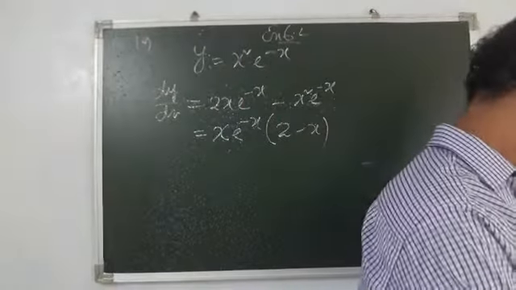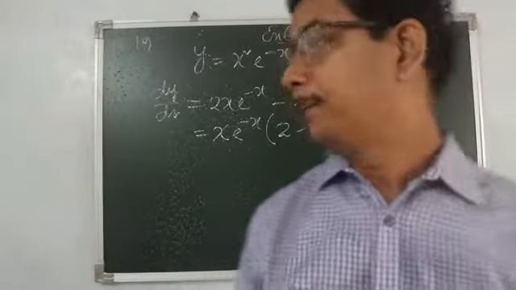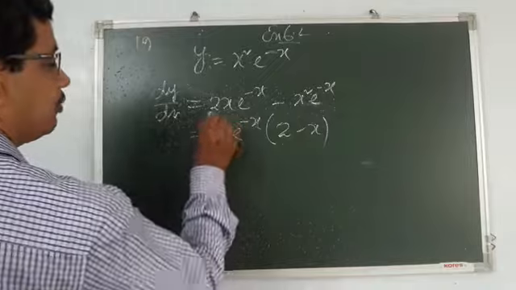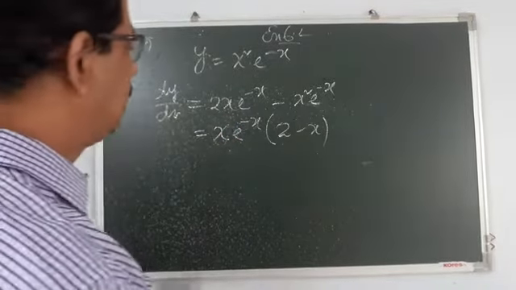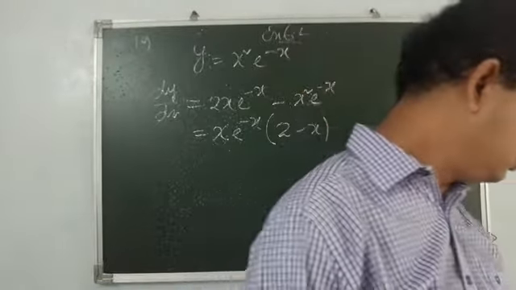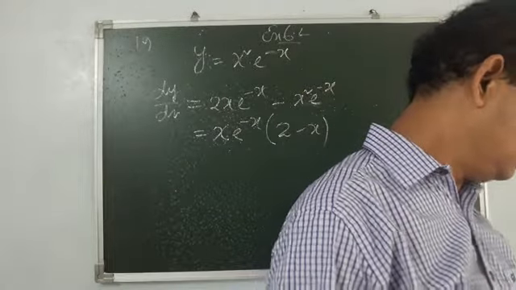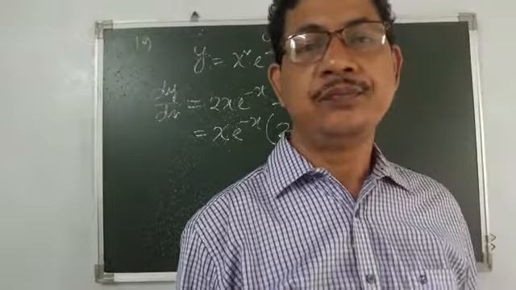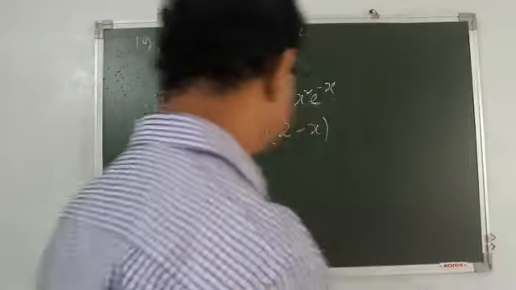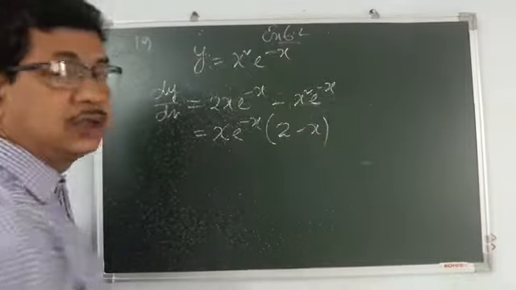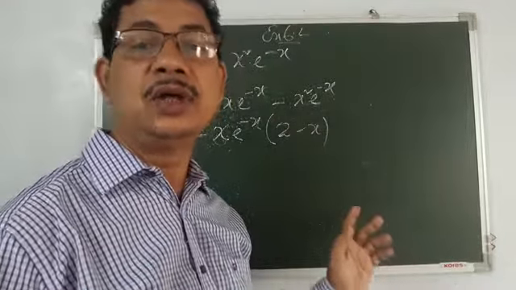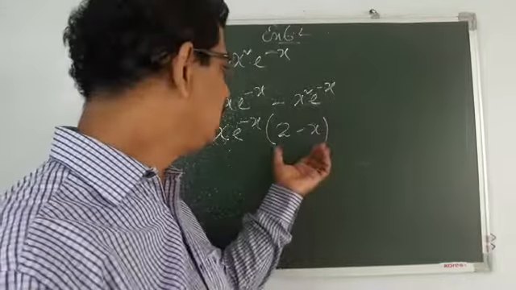Now we check the options, as so many are given. If we put any positive number, then it is positive. For any number x, e to the power positive or negative will give a positive thing. We only have to take care that if we put values greater than 0 and less than 2, it will give a positive term.